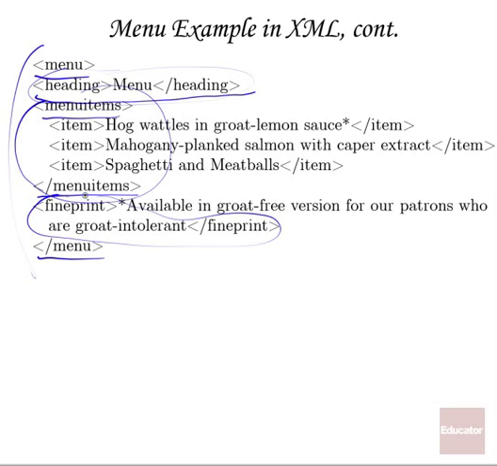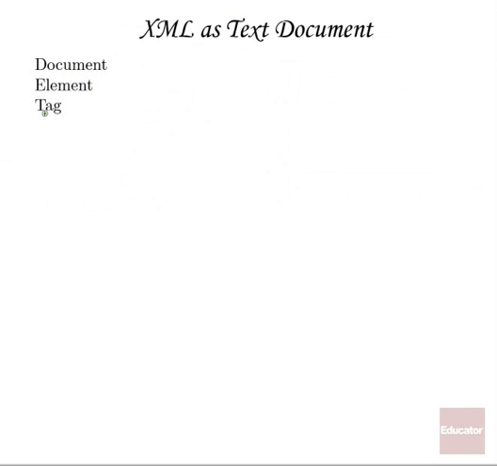But another feature of this is that I could write a program that extracts the menu items and perhaps outputs them to some kind of online menu repository, like a restaurant review site perhaps, so that if someone were looking at my restaurant, they could immediately see what types of items are on my menu, and that could be extracted from the data because it's been set apart by the markup. So again, XML is a document with elements that are set apart by tags.